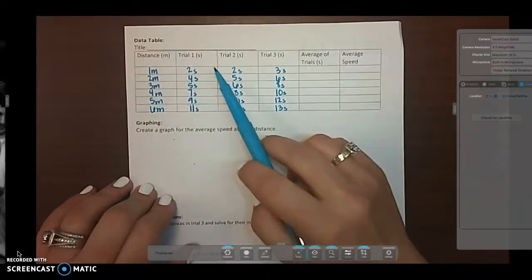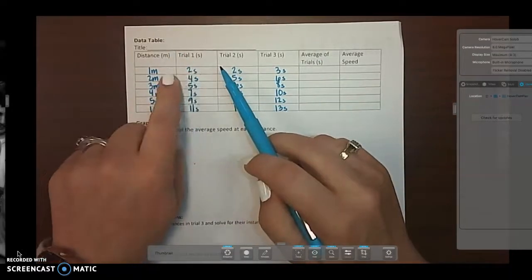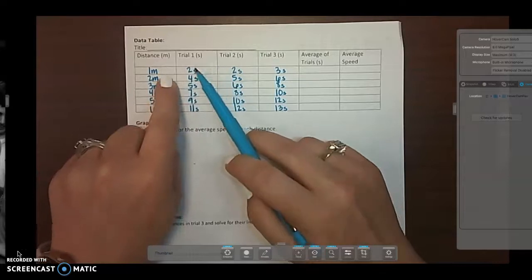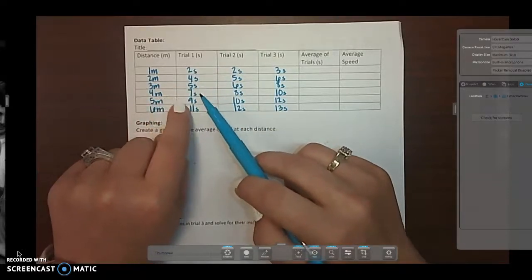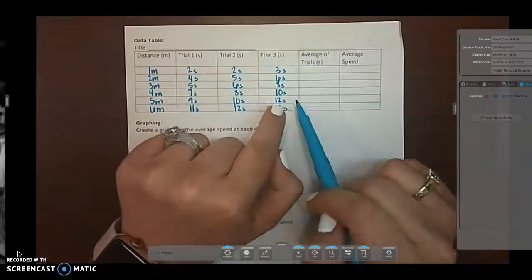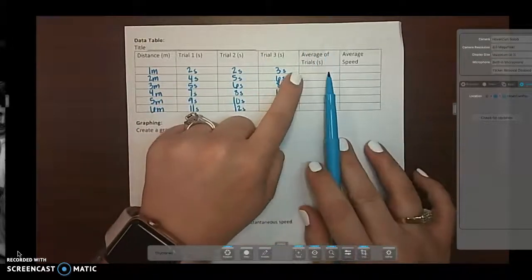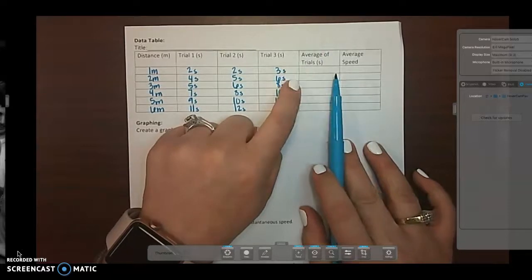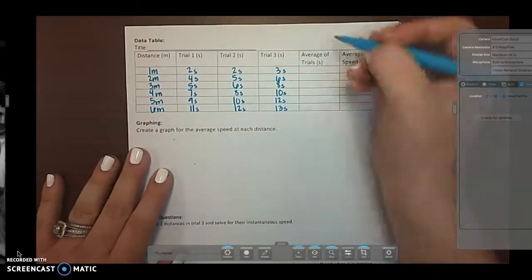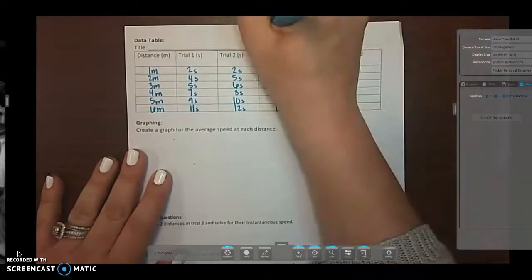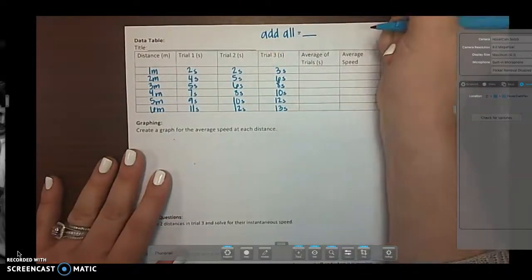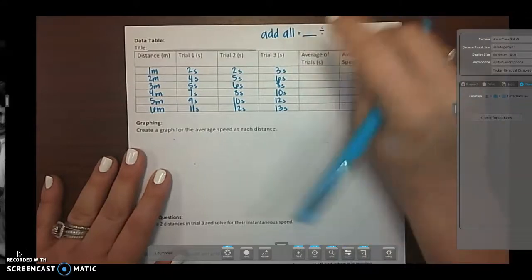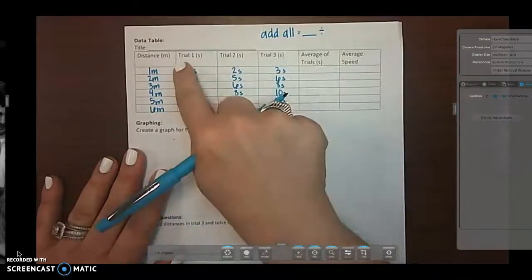So let's say on the first trial, it took 2 seconds to get to the first meter and 4 seconds to get to the second meter, 5 seconds to the third, 7 to the fourth, and it keeps going. So that's the first trial, second trial, and third trial. So the next thing you're going to need to do is find the average time for the trial. So when we find the average of something, remember you add all, you hit equal, then you click divide, and we're dividing by 3 because there are 3 trials.